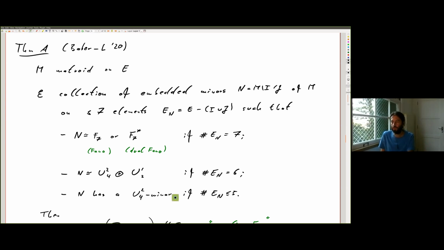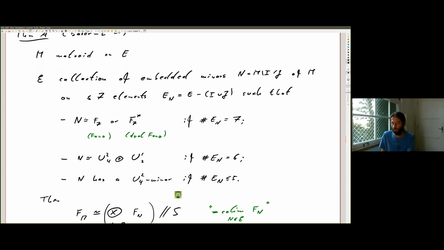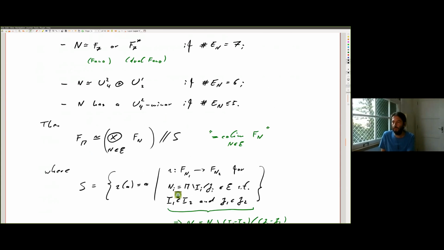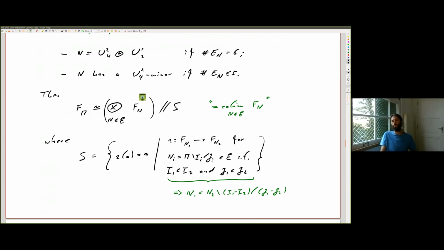So if we have this collection of very specific embedded minors, then we can write the foundation as the quotient of the tensor product of all the foundations of minors in this collection E, modulo relations, which are given very explicitly in the form that J of a is equal to a, or in other words, J of a minus a is a relation in S. So we are identifying these two whenever J is a map between the foundations of N1 to N2, where N1 and N2 are in the collection E, so they're embedded minors from M excluded I_i contracted J_i, such that N1 is an embedded minor of N2.